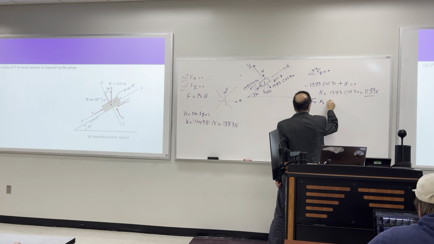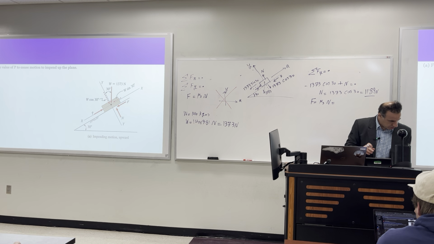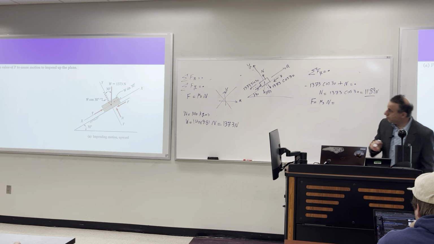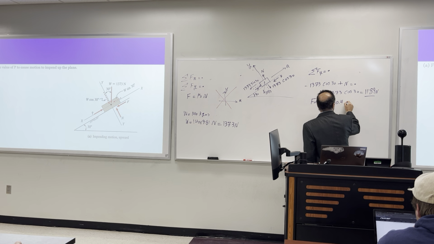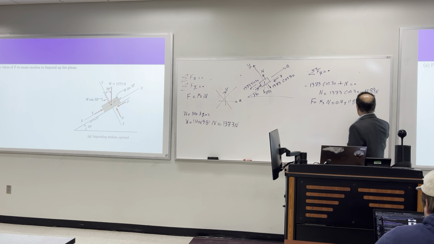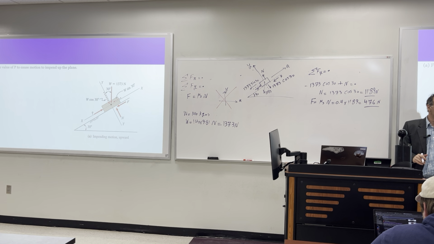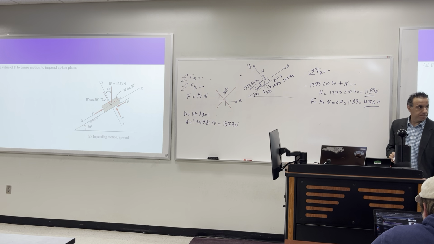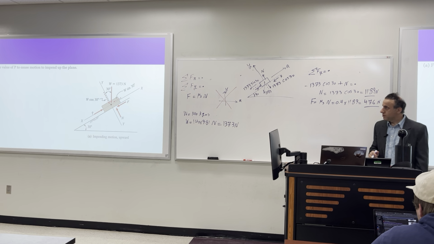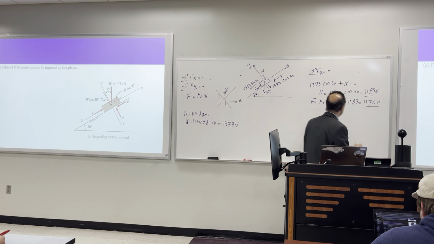Mu s times N. What is that value? 0.4 times that is going to be 476. So this is the maximum friction force. Right? So do we have the P? No. So we need to find it.